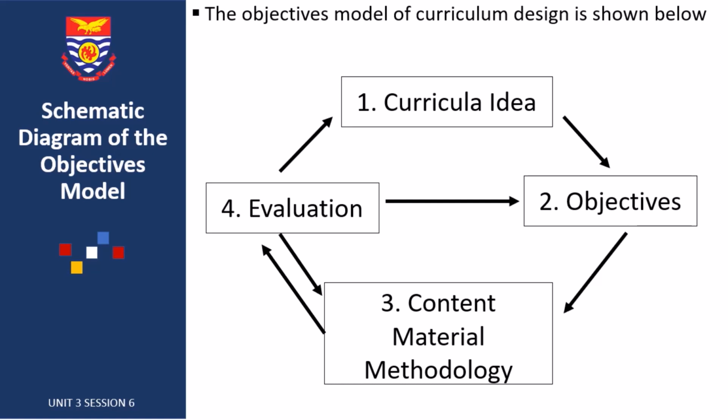We have the objectives. We can evaluate the objectives to find out whether they can help us to achieve the curricular ideas or the general aims of education. And we can also evaluate the content, material, as well as the methodology to ascertain whether the selected content can also help us achieve the stated objectives.